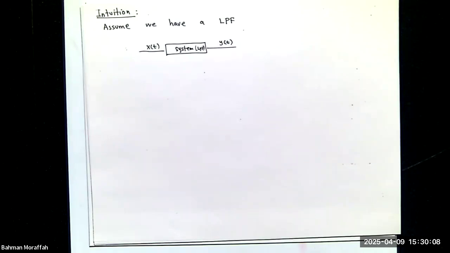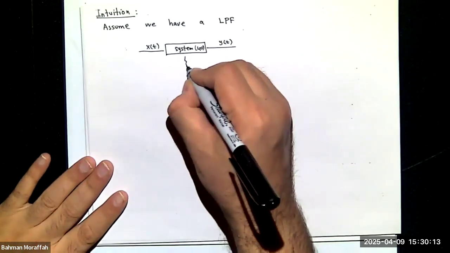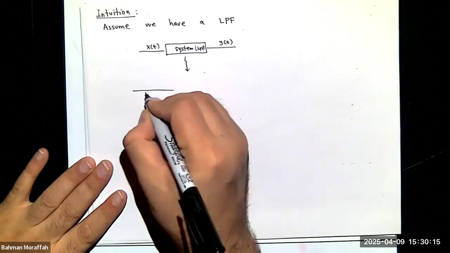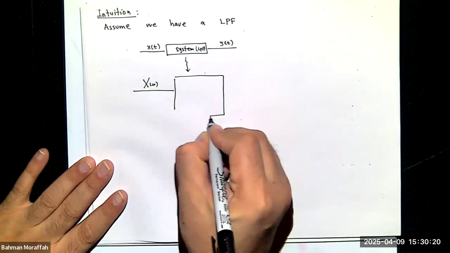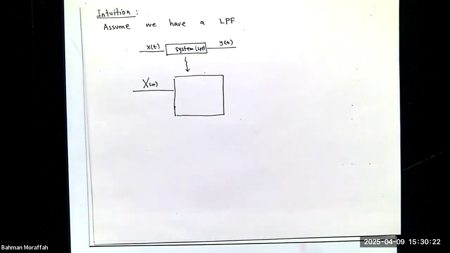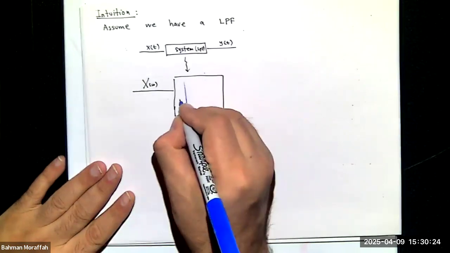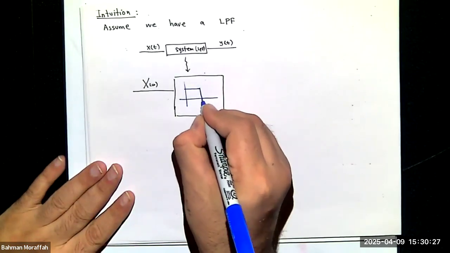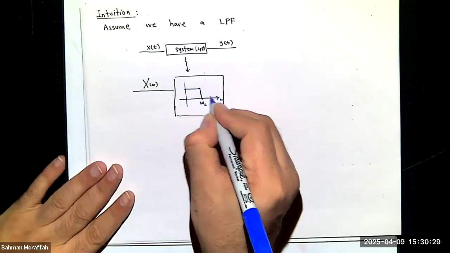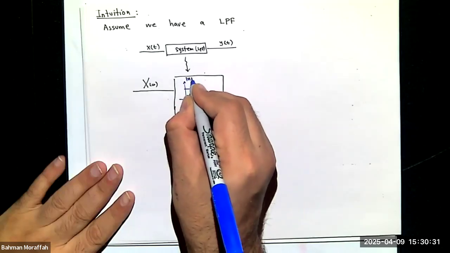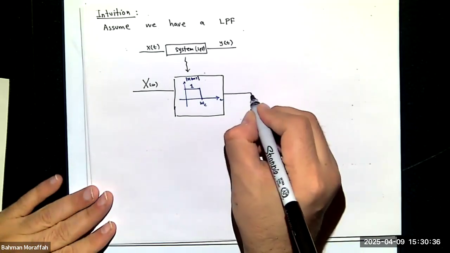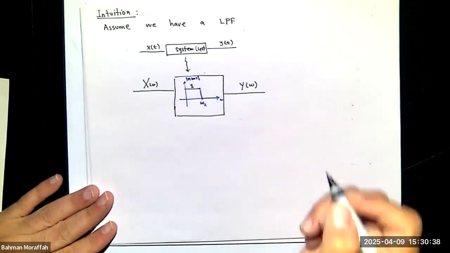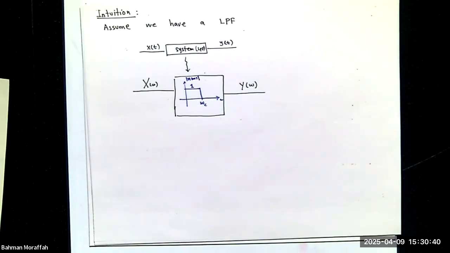Again, it's quite hard to analyze it in the time domain, so we're going to take it to the frequency domain. So I'm going to have this X of omega fed to my low pass filter, which I know the magnitude of this low pass filter looks like this. Right? And I get some output Y of omega.